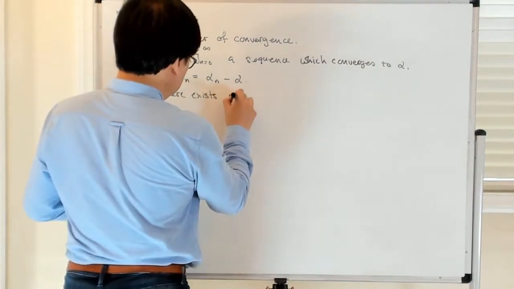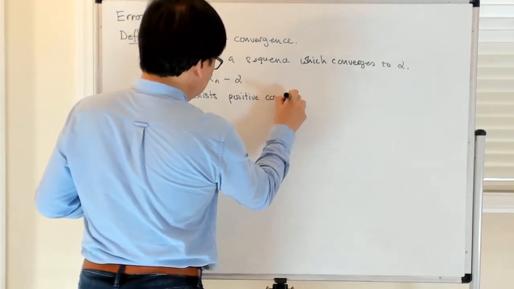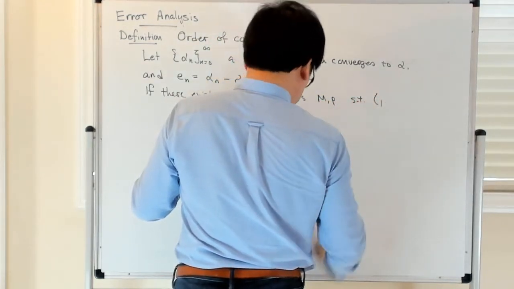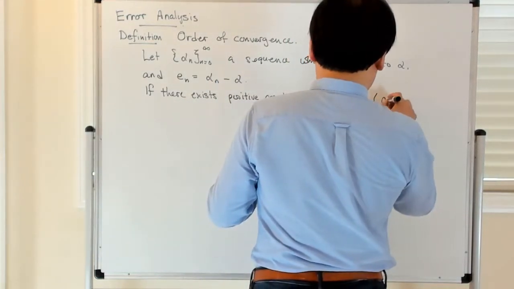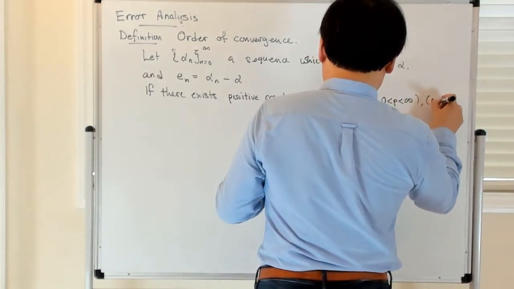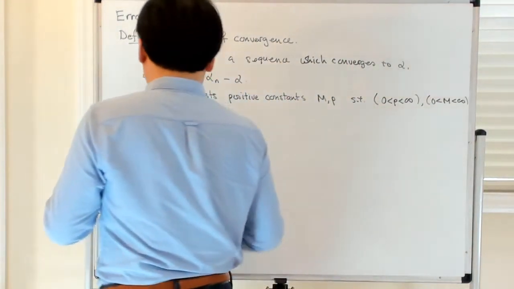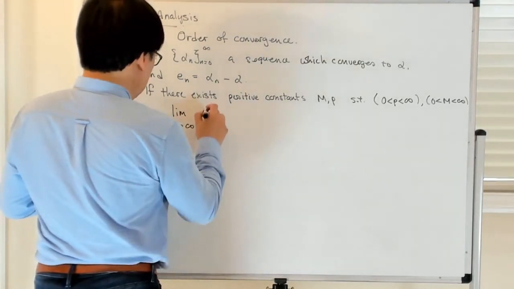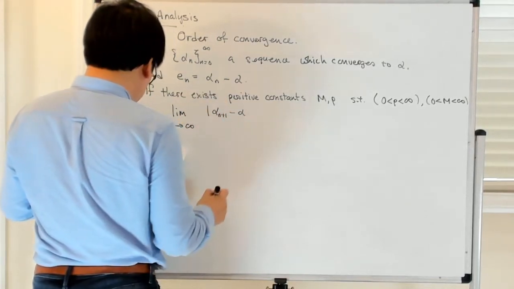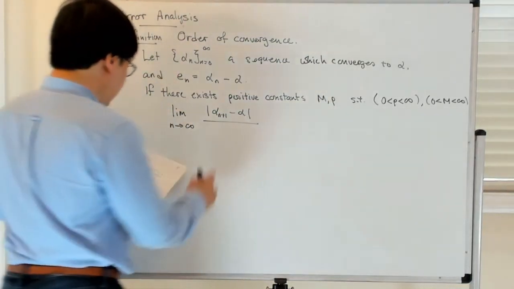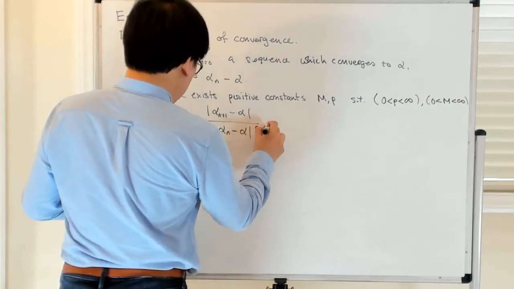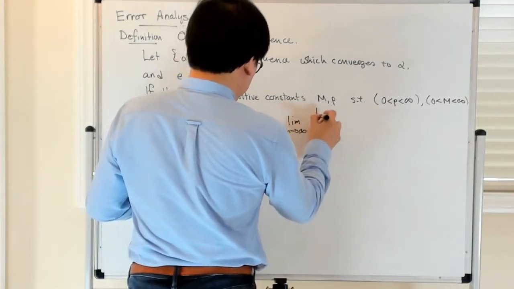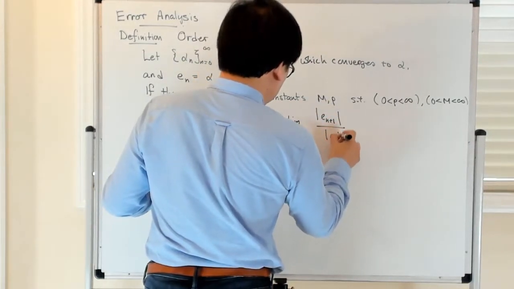positive constants m and p, such that p is between 0 and infinity and m is between 0 and infinity, such that the limit as n goes to infinity of the absolute value of alpha n plus 1 minus alpha, divided by alpha n minus alpha to the p power, is equal to, so this is by definition equal to, the limit as n tends to infinity of the error at the (n+1)th stage divided by the error at the nth stage raised to the p power.